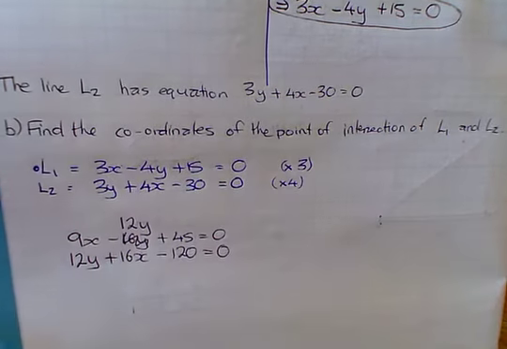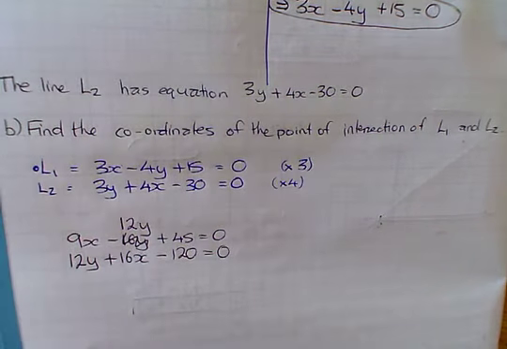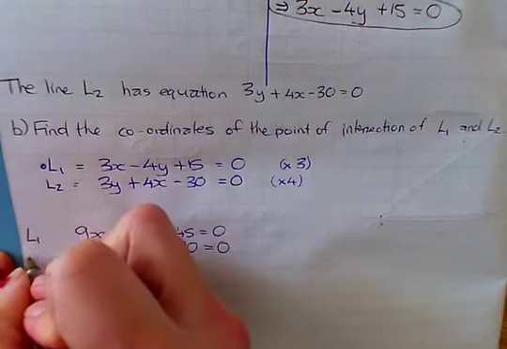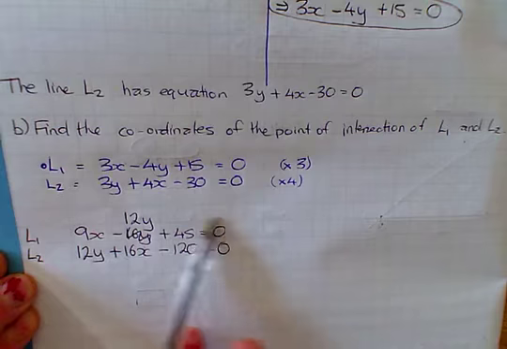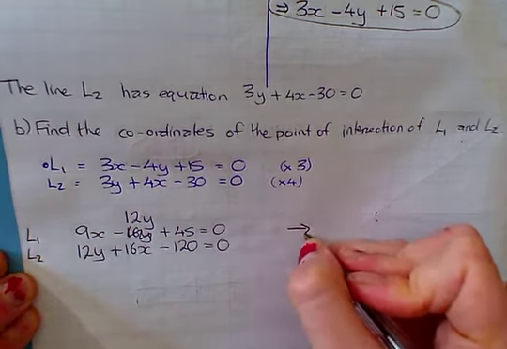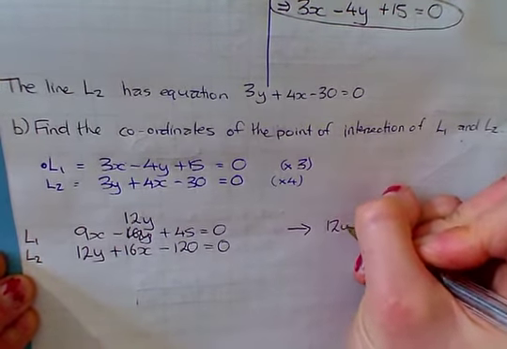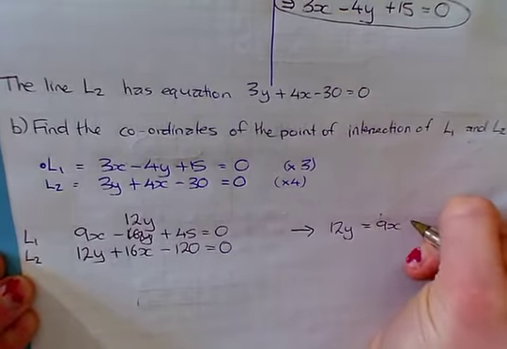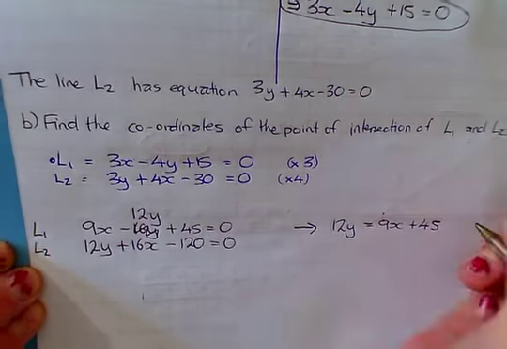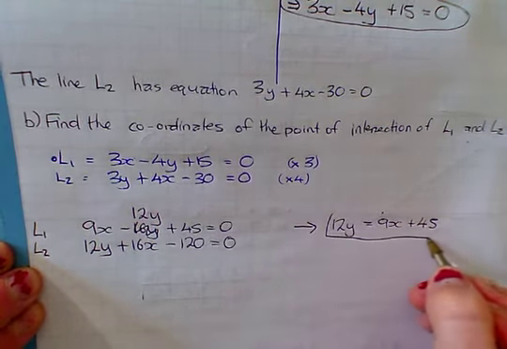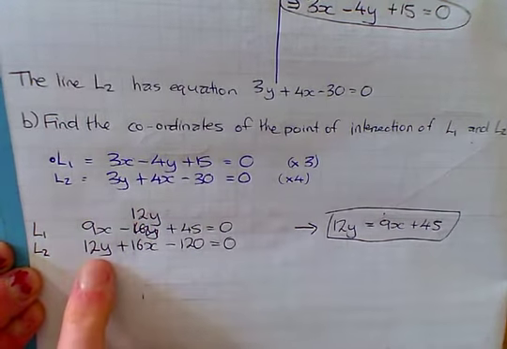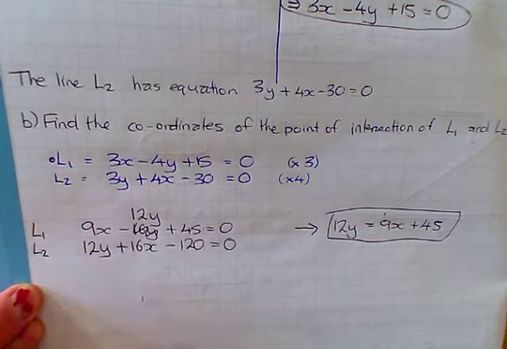And now the coefficient of 12y is equal. So, by rearranging this equation here, I can say 12y is equal to 9x plus 45 by just adding 12y to both sides. And I'm now going to substitute this into the equation for L2.